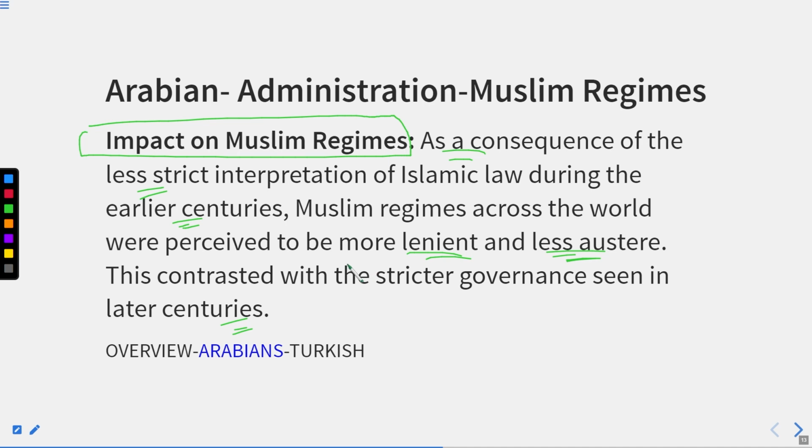So the top Muslim officials felt that they should be stricter and become more radical, so that people would adopt the policies they were following and thereafter start respecting the Muslims. That was the impact on Muslim regimes. Got it? Now let's move forward.